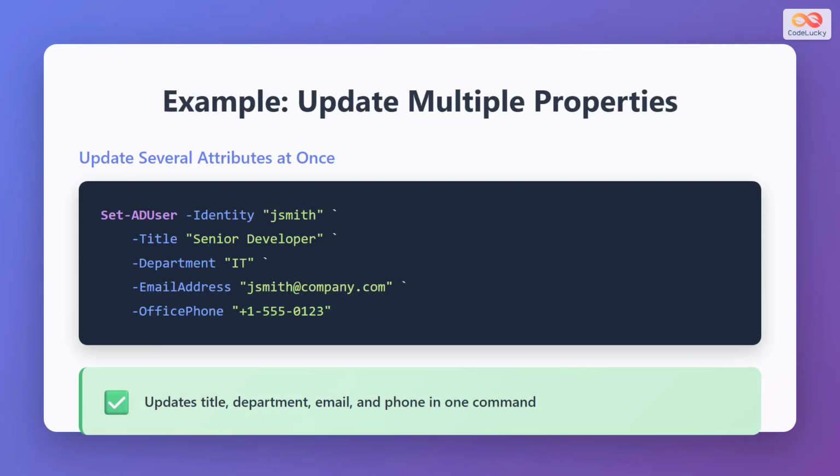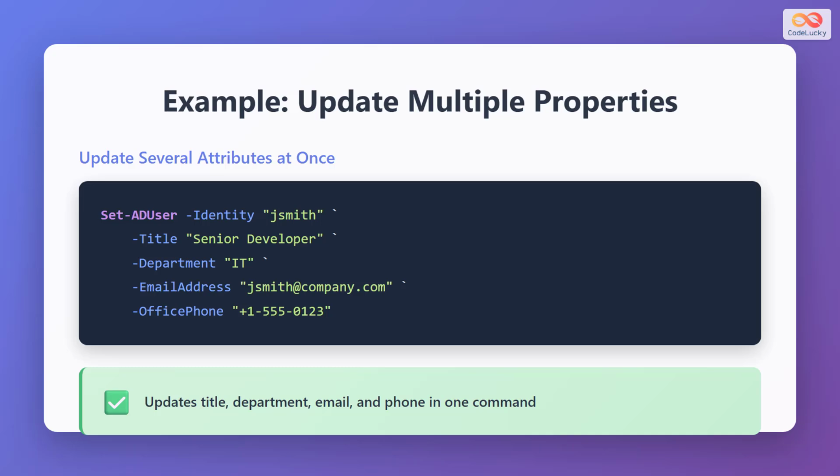Now let's see how to update multiple properties in a single command. Using the backtick character for line continuation, we can make our command more readable. The command looks like this: Set-ADUser -Identity jsmith backtick for new line, -Title "Senior Developer" backtick, -Department IT backtick, -EmailAddress jsmith@company.com backtick, and -OfficePhone +1-555-0123.